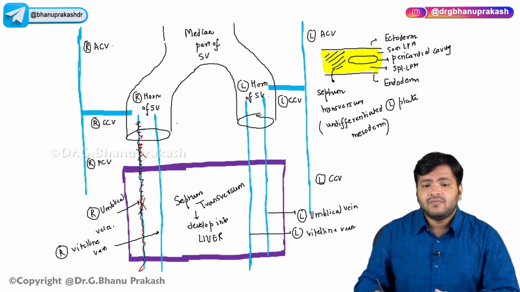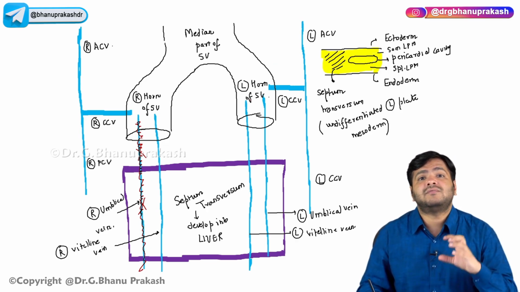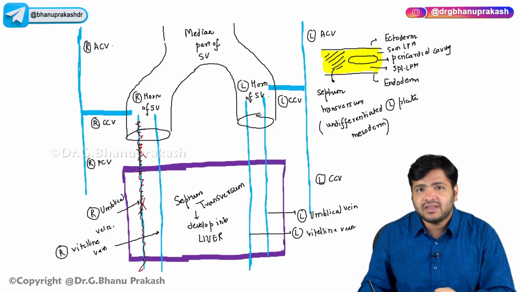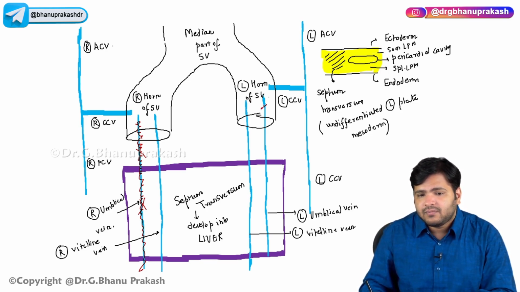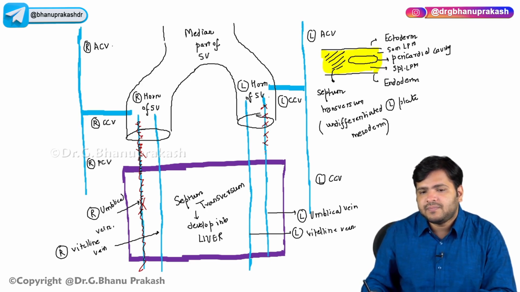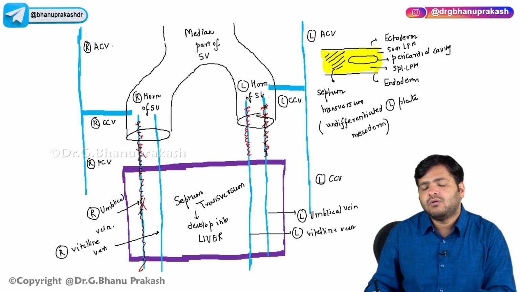Even the left horn of the sinus venosus will shrink in size. It will not completely disappear. Why? Because the part of the left umbilical vein above the septum transversum will disappear, and the left vitelline vein above the septum transversum will also disappear.